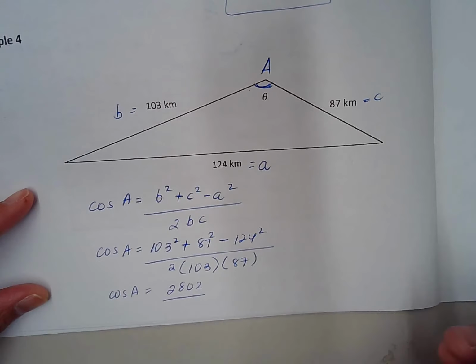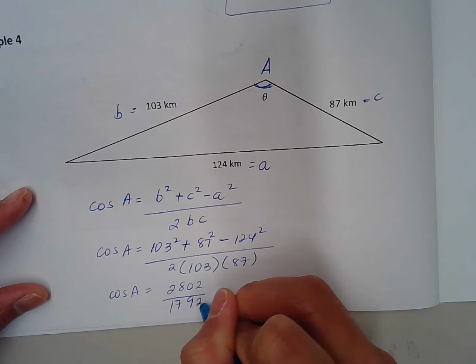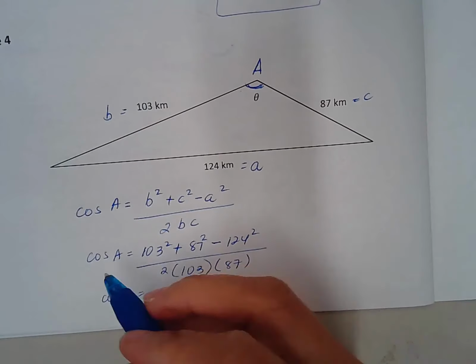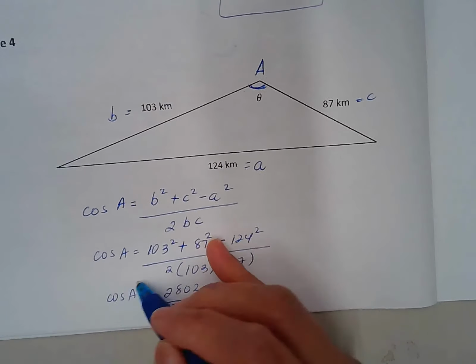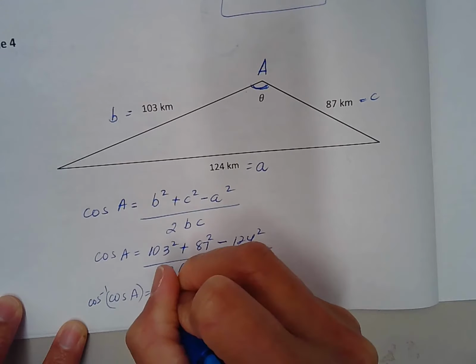2,802, is that what you got? Yeah, okay. And then the denominator would be 17,922, yes? Okay. Now you want to get rid of the cos, so you do the cos inverse of that.